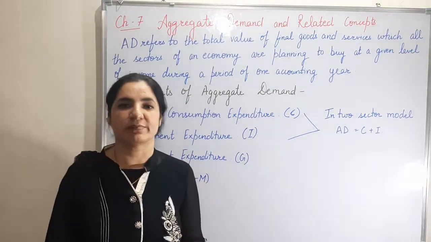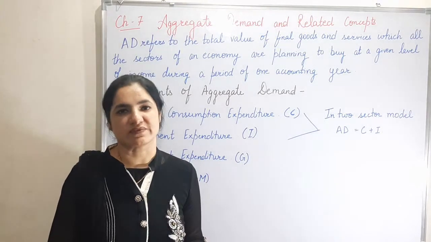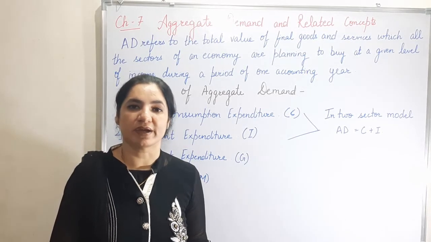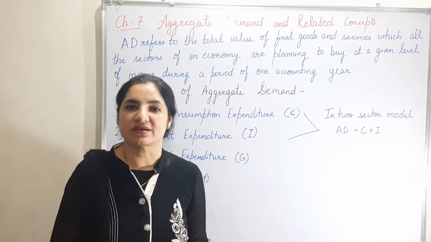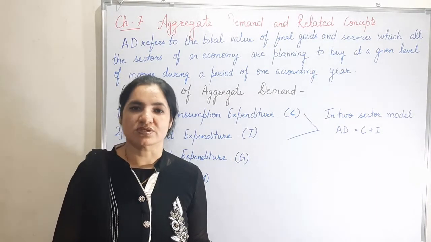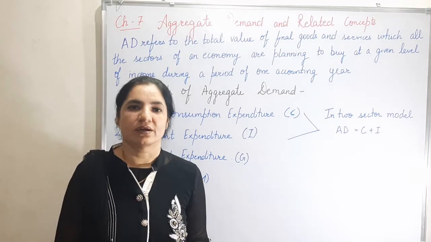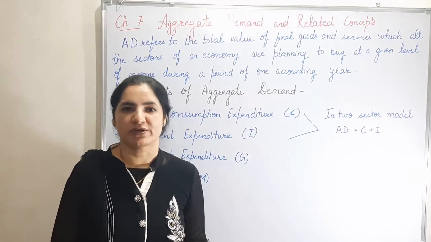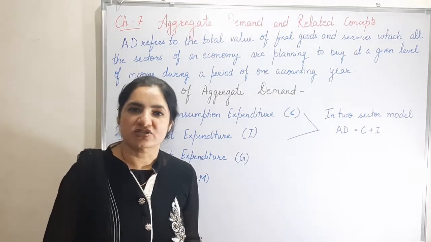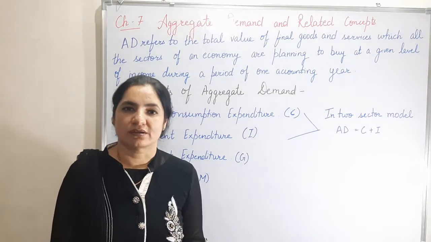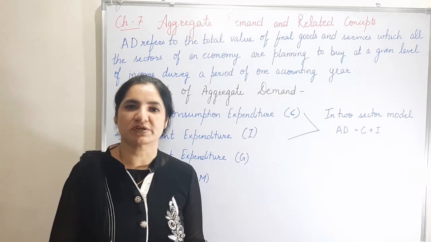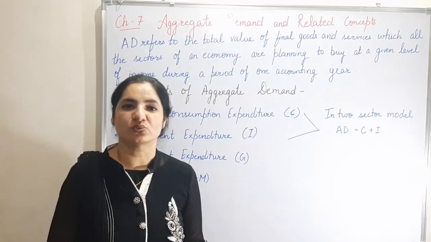Government expenditure may be consumption expenditure as well as capital good expenditure or investment expenditure made by the government. Now the government makes consumption expenditure on those services which are legally bound, like the salary to be paid to government employees, whether in the police department, the administration department, government hospitals, or government schools.